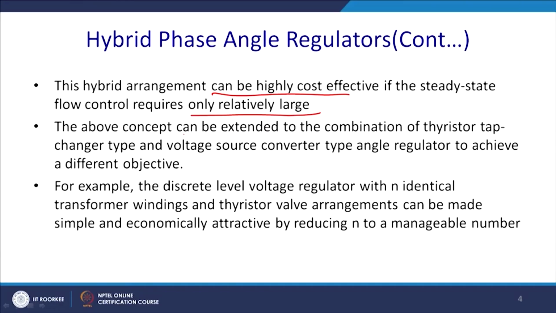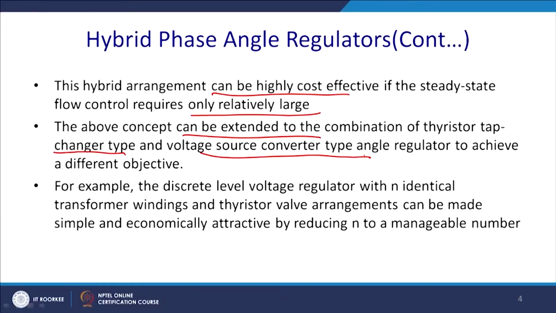The above concept can be extended to the combination of the thyristor tap changer type and the voltage source converter type angle regulator to achieve different objectives. Different objectives means you require to inject a particular voltage and phase. So, that can also be achieved by this hybrid phase angle regulator.